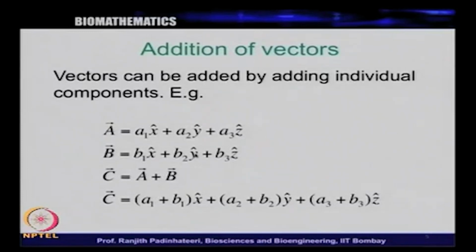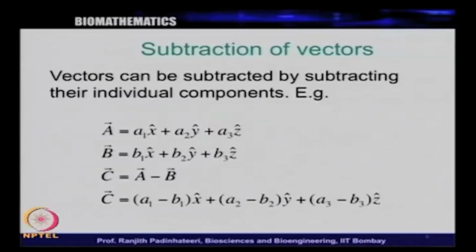Similarly, subtraction is like addition. If you have two vectors a and b, and you want to subtract one from the other, you can do it in the following way.